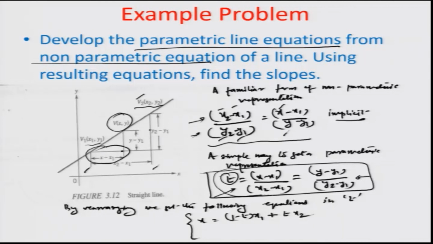You just solve this section of the equation, and y equals (1 minus t) times y1 plus t times y2.